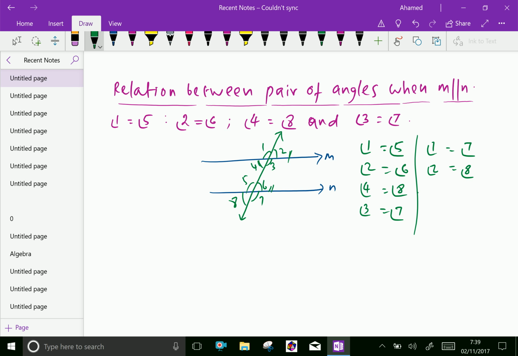Angle 3 is equal to alternate interior angle 5, and angle 4 is equal to angle 6. Here a lot of sets of equal angles are formed when parallel lines are intersected by a transversal.